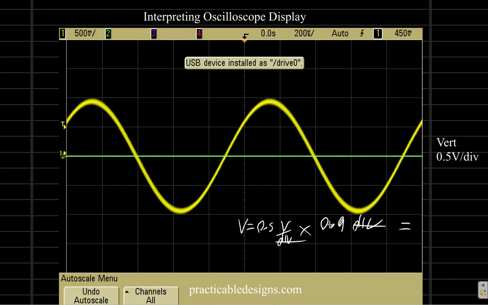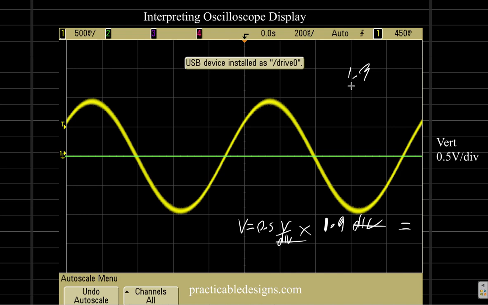But 0.5, oh, it's not 0.9, it's 1.9. My, I forgot that we had passed a whole division already. So we have to go up to the top here. We have to go from 0, 1 division, and then go up again. It doesn't really touch 2. So I estimate it's about 0.9. So it's 0.5 by 1.9.